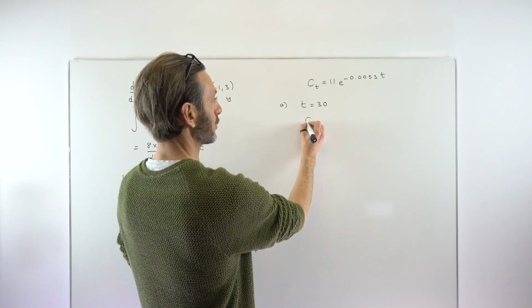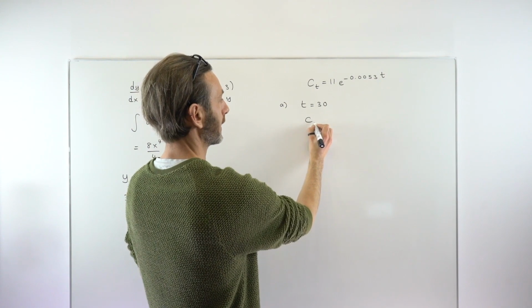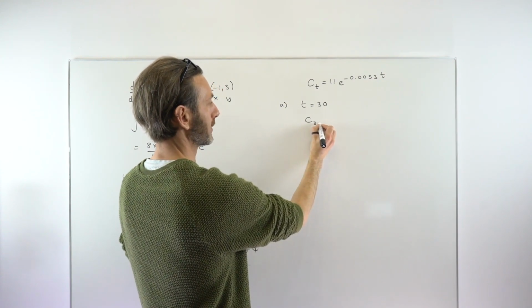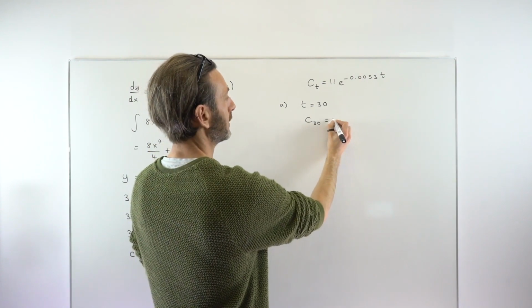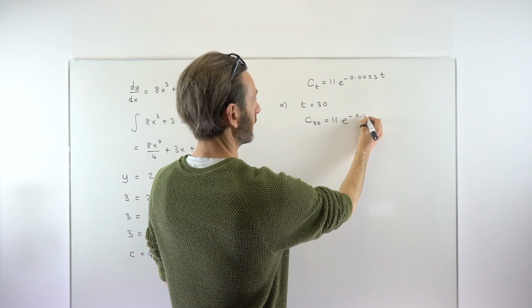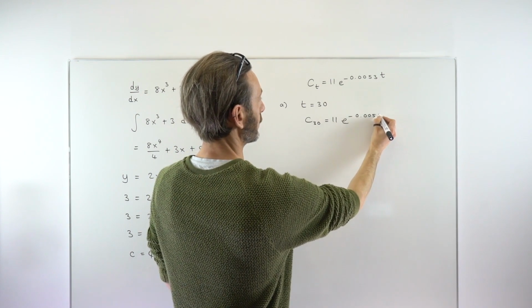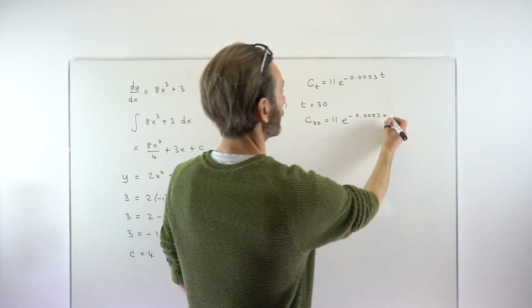So the concentration of medicine, I think it was, at time 30. So you could put a 30 in there if you want, because that does represent the time value. So C sub 30 is just going to be 11e. We always get these weird decimal numbers in the power in these questions, but remember that's multiplying to that t. So it's going to be multiplying to the 30.